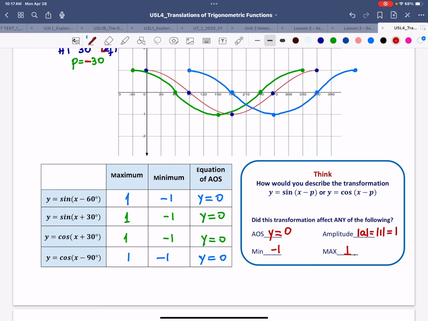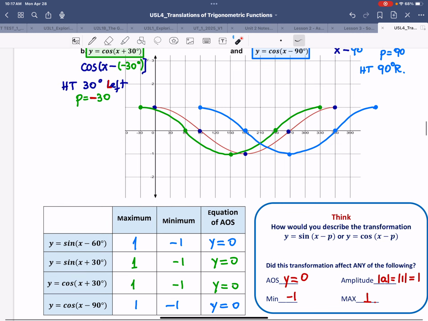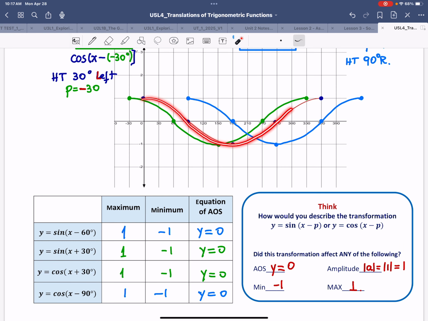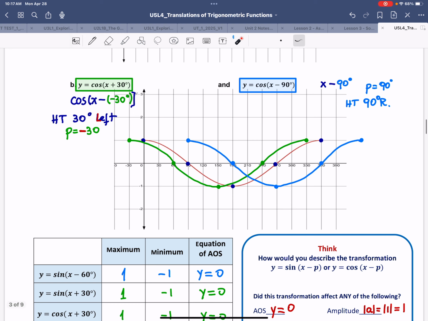Now, what are the things we look at when we transform a function horizontally by translating it? This is not a very formal definition, but I would say that the first cycle of the graph is the one that is closest to the y-axis. So for example, when you have cosine of x plus 30, this would be considered the first cycle.